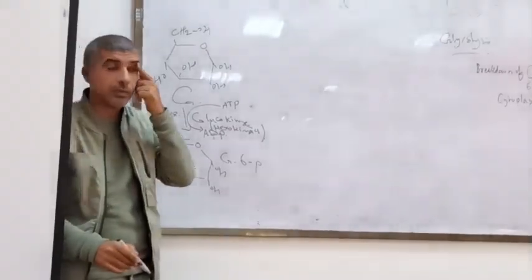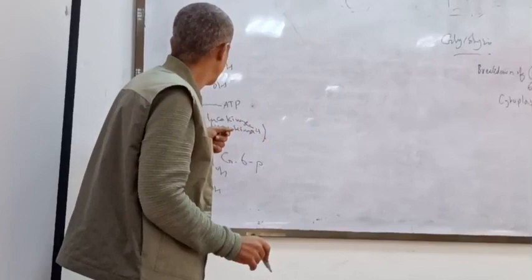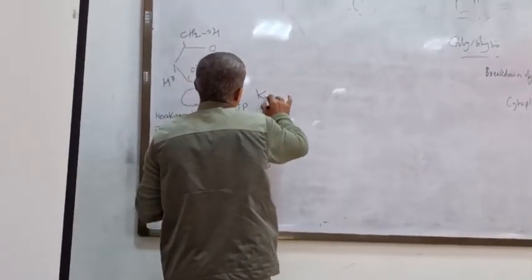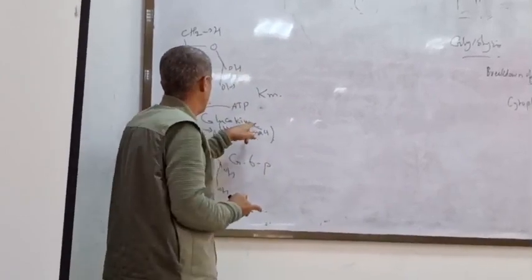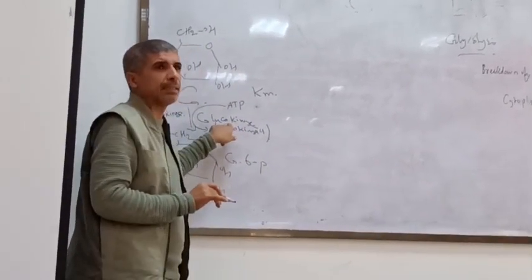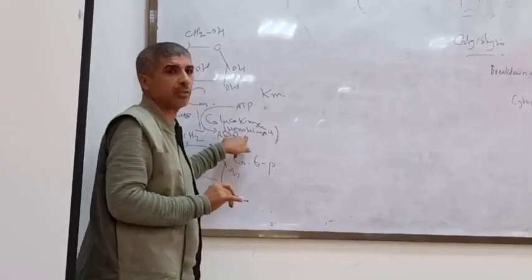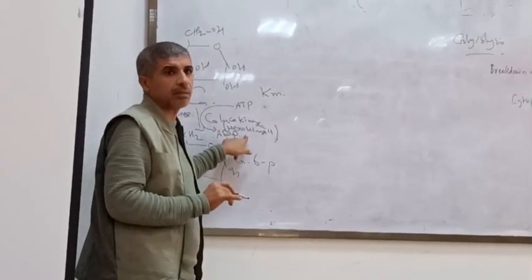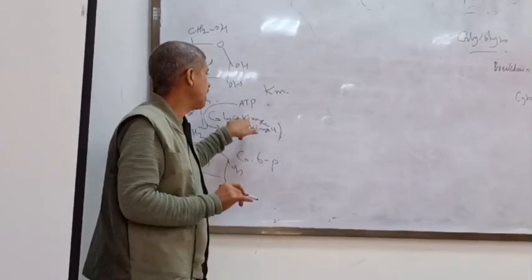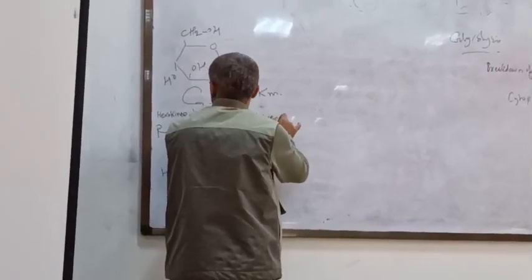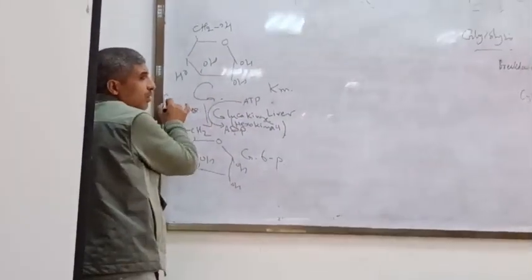The Km, the Michaelis constant, for glucokinase is higher than for hexokinase. Glucokinase is present in the liver, while hexokinase is in all tissues.